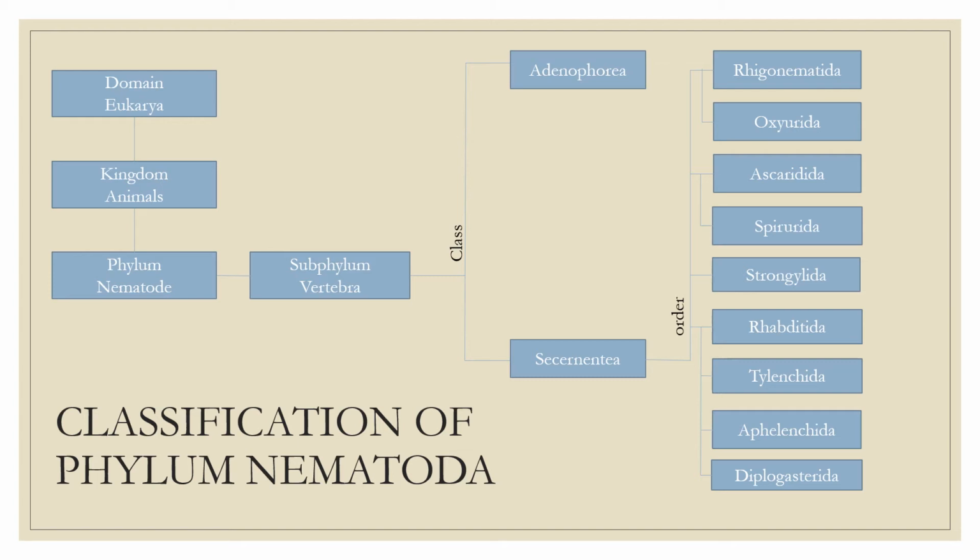The first one is Adenophorea, and the second one is Secernentea. For the Secernentea, we have 9 orders: Rhigonematida, Oxyurida, Ascaridida, Spirurida, Strongylida, Rhabditida, Tylenchida, Camallanida, and the last one is Diplogasterida.